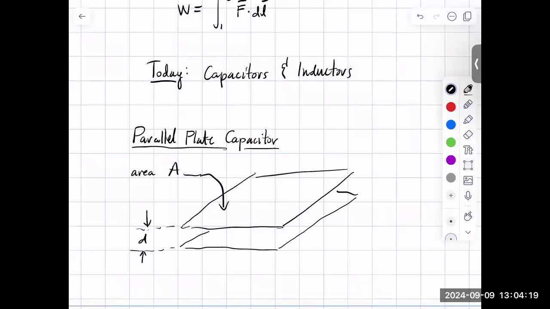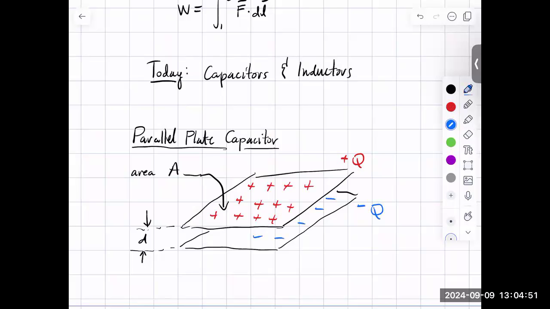What we're going to do is put equal but opposite charge on these two plates. You could do that very easily by taking a battery and connecting, say, the top plate to the positive terminal. If you did that, you would get some charge plus Q on that top plate and negative Q on the bottom plate.